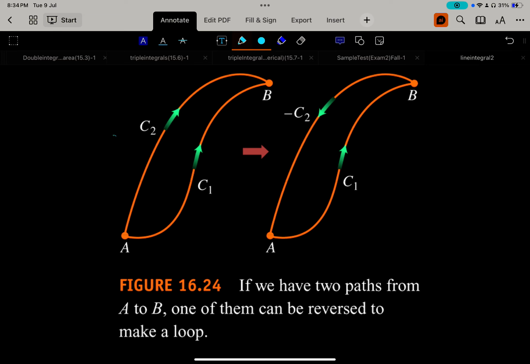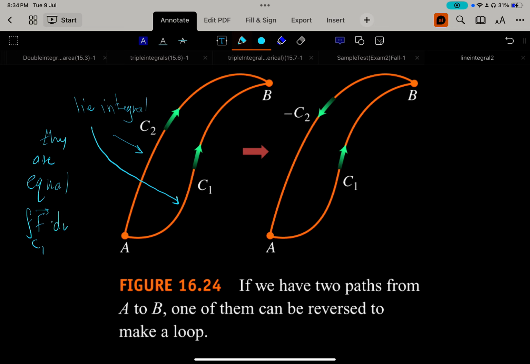If the line integral here is equal to the line integral here, then if you subtract them, the line integral over C1 of F dot dr minus the line integral over C2 of F dot dr is going to be 0, which is what we have here when you subtract them.